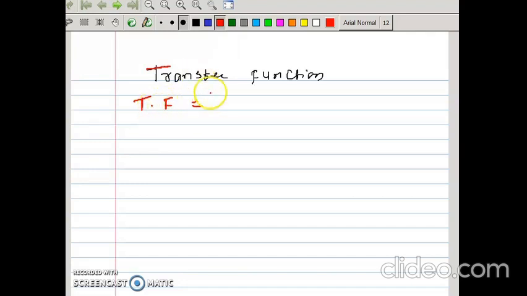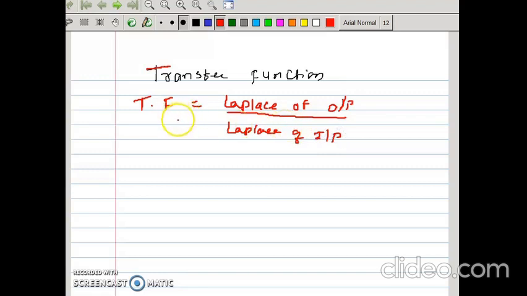Generally it is nothing but the Laplace of output divided by Laplace of input. This is called a transfer function.